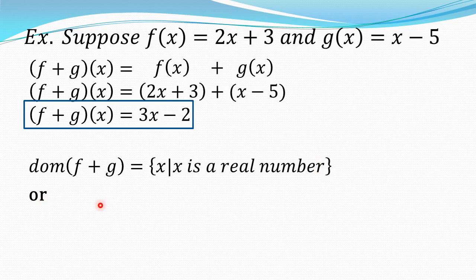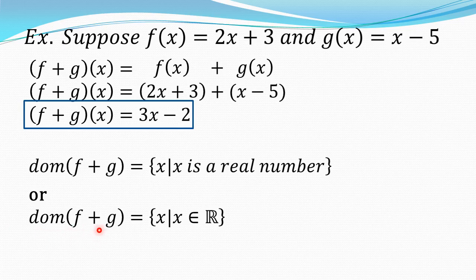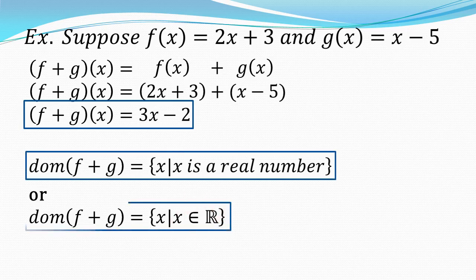Or alternatively, you could use some more mathematical way of writing. You could put the domain of f plus g is equal to x such that x is an element of the set of real numbers. This expression says that x is a real number. And either of these two, you can write down as a final answer for your domain.